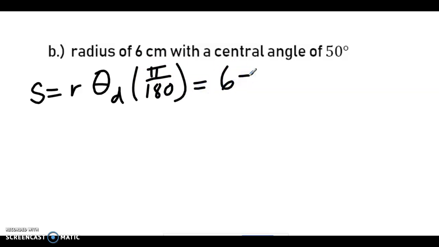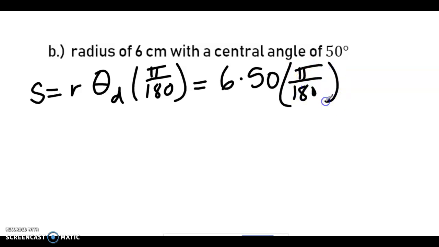Our angle is 50 degrees. So I'm going to take that times 50. And then I'm going to take that times pi over 180. And again, I want to leave it in terms of pi initially. So we are basically reducing 300 pi over 180.